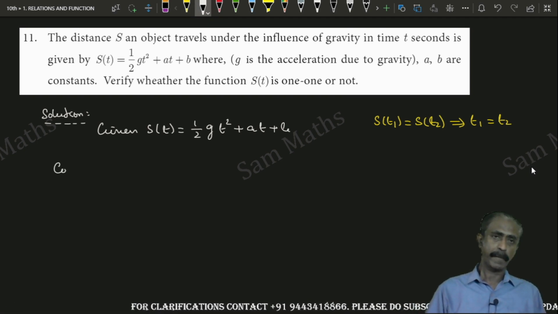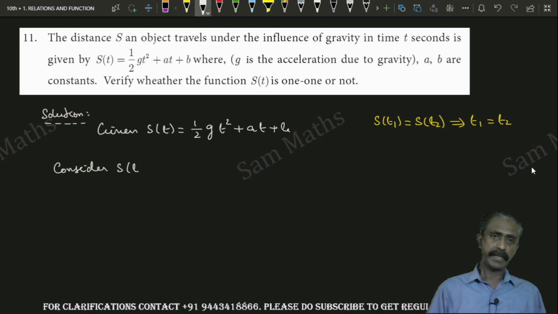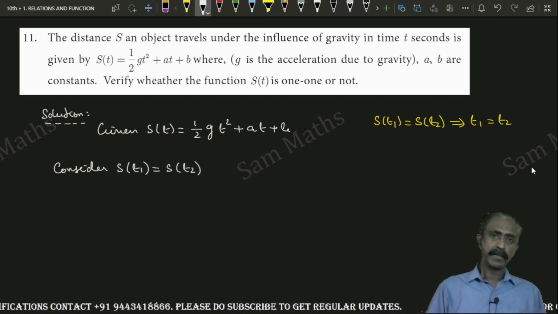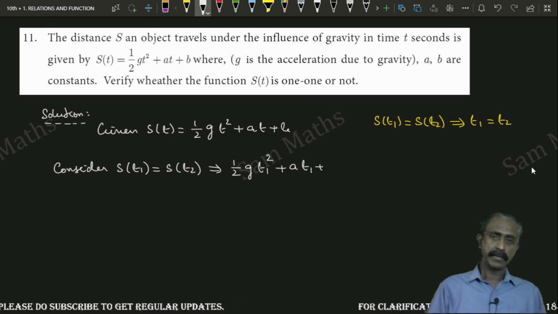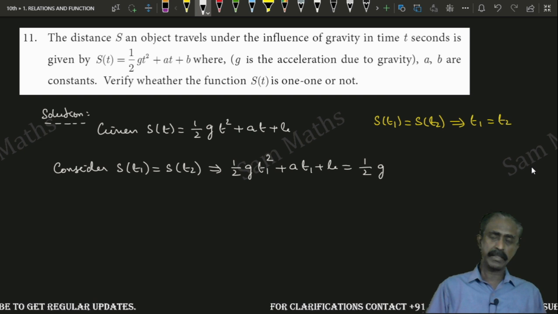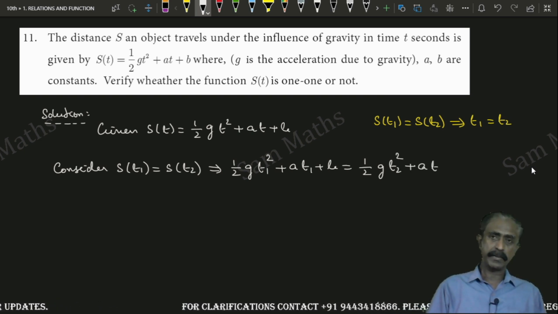Consider s of t1 equal to s of t2, which implies half g t1 square plus a t1 plus b equal to half g t2 square plus a t2 plus b.